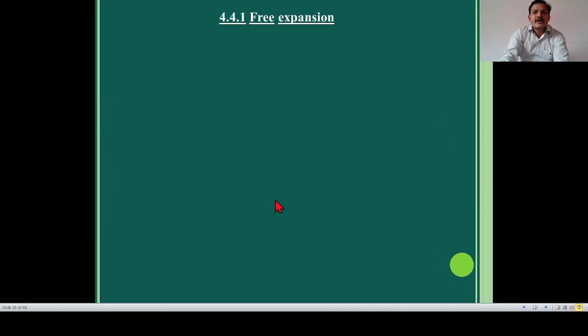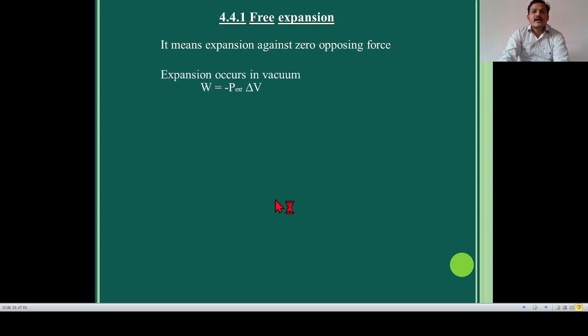Now let us move to the next point, free expansion. Expansion means volume shifting from V1 to V2. Free expansion means expansion against zero opposing force. Expansion occurs in a vacuum.